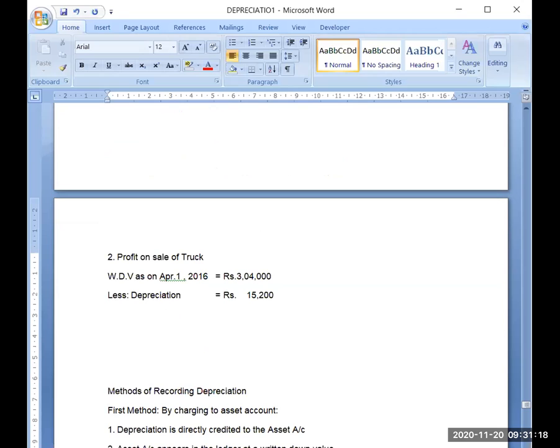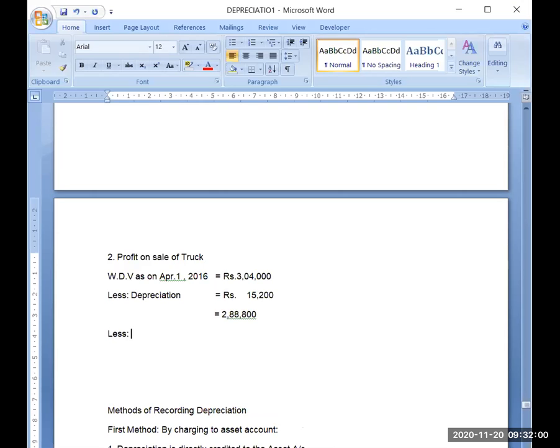So it will come to 2 lakh 88,800. Now we will deduct, less sale value.